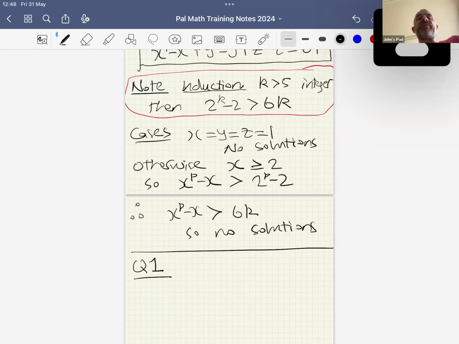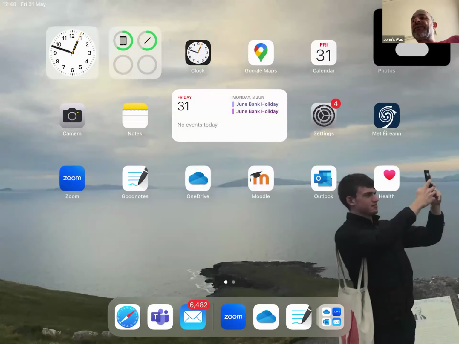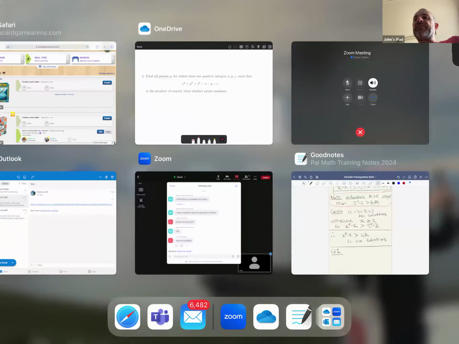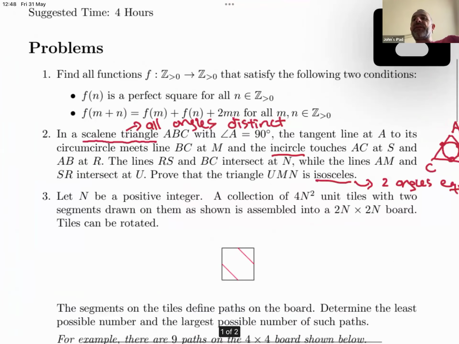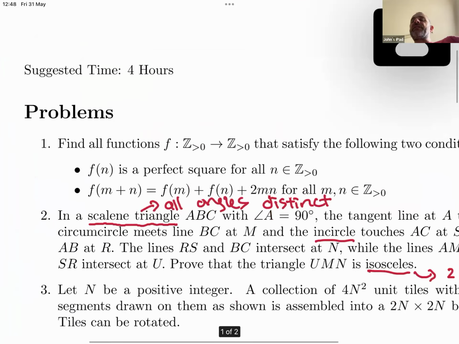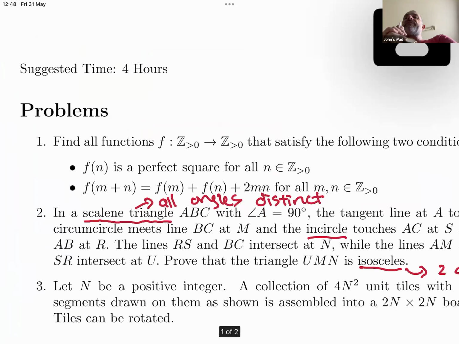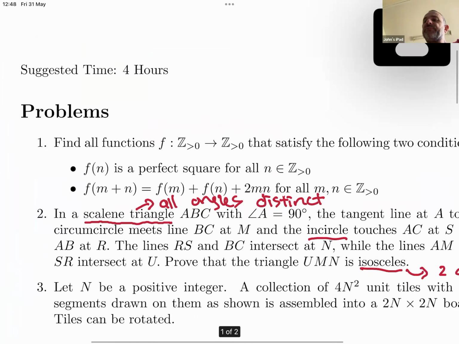And question 1 was probably the easiest question. I'm trying to show you the question. Find all functions from the positive integers to the positive integers, so that the value of the function is a perfect square, and then you've got this functional equation.